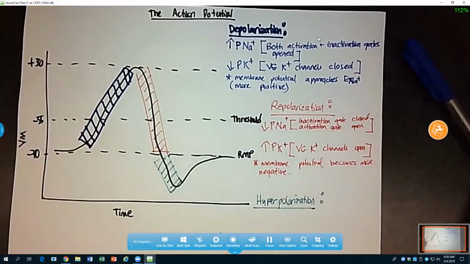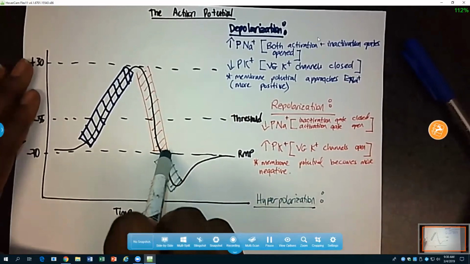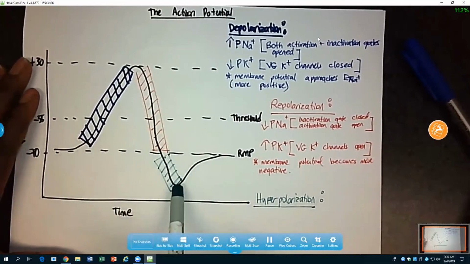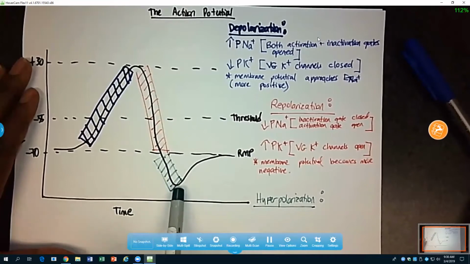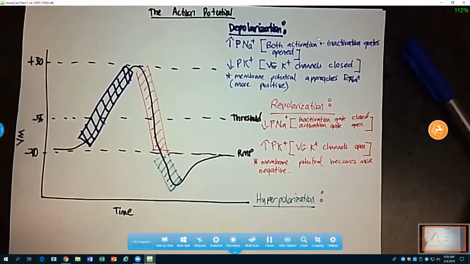And what's happening during hyperpolarization? This is like the overshoot phase. We're attempting to get back to rest, and then we overshoot the membrane potential. We get really negative, about negative 84 or so.